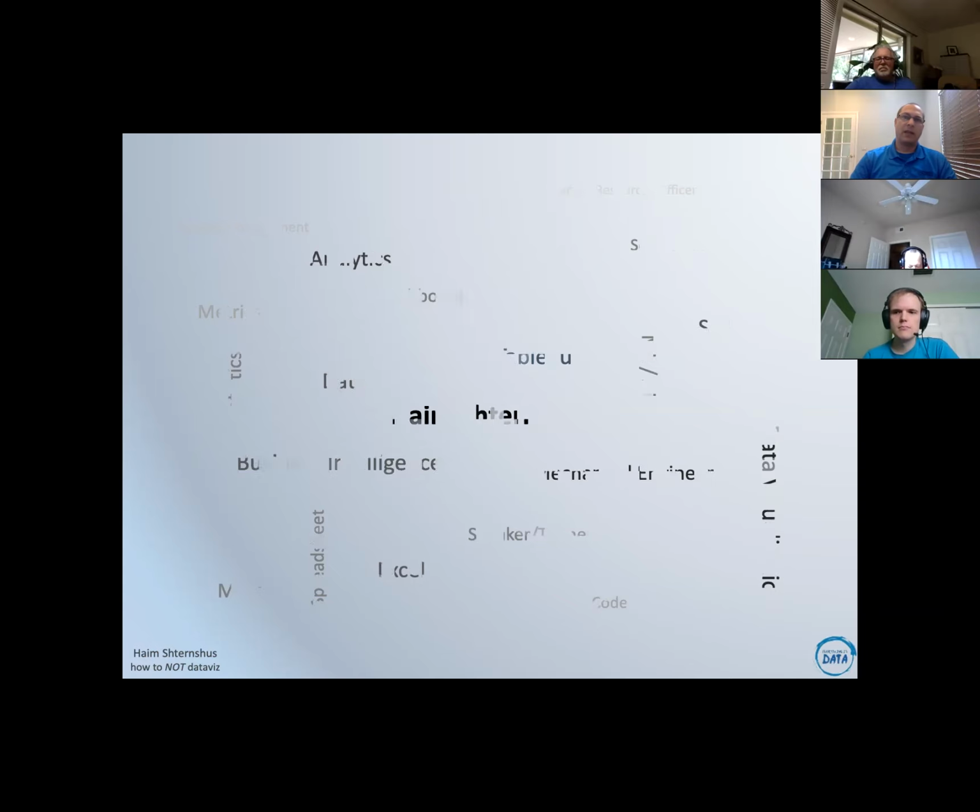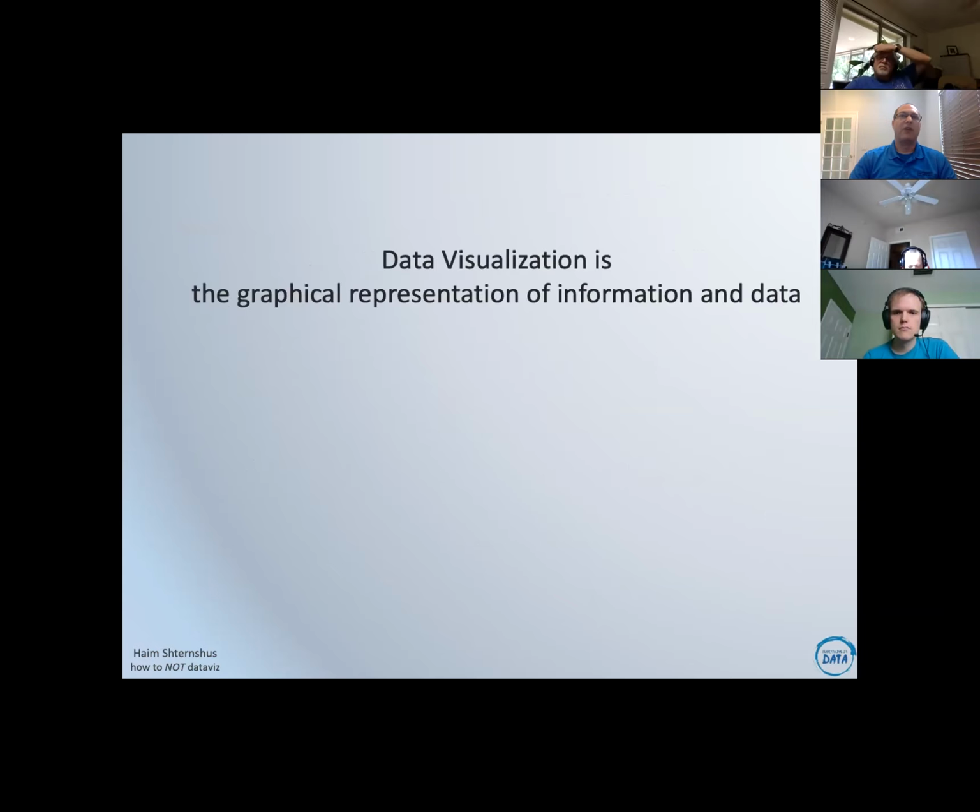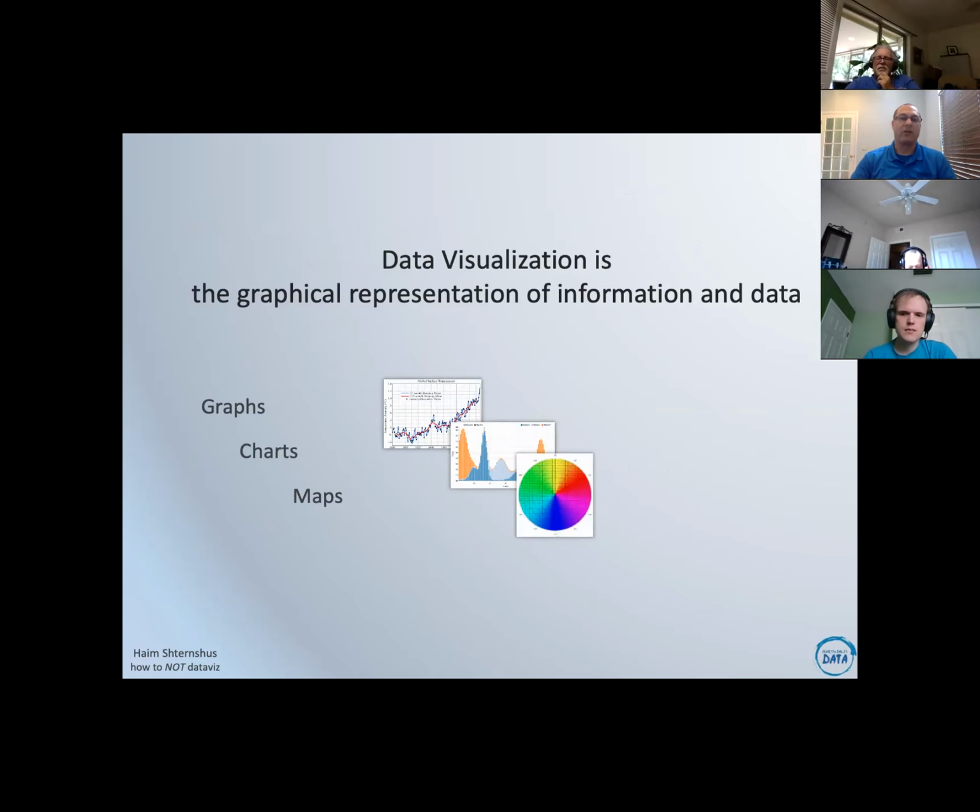So the discussion today is about data visualization, right? What is data visualization? The simplest definition is that it's a graphical representation of information and data. Pretty much anything that brings numbers into some sort of graphical representation. So we have the graphs that we all know, and charts and maps and schematics.